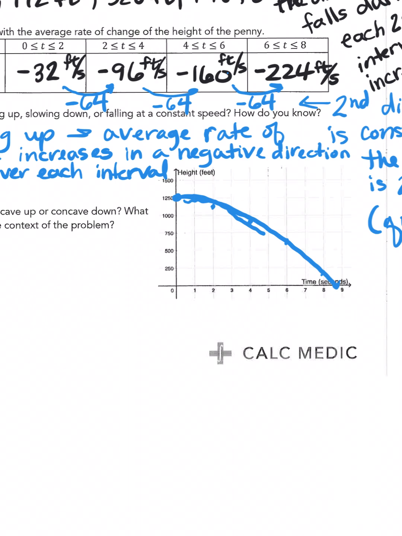So, is the graph concave up or concave down? Concave down. So what does that mean in the context of the problem? It means what?